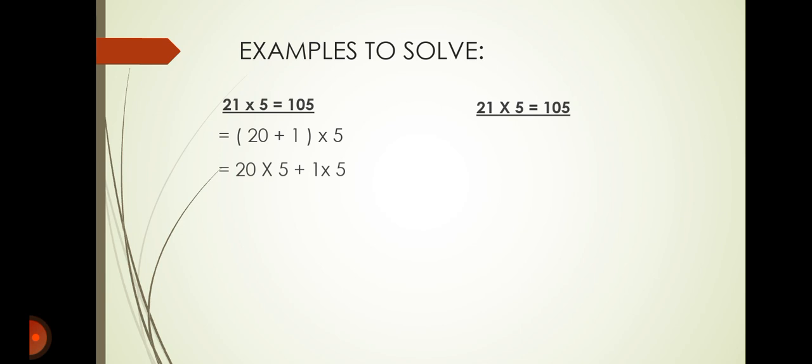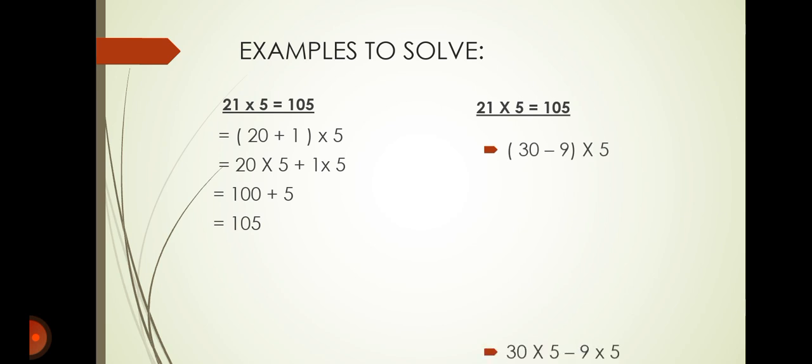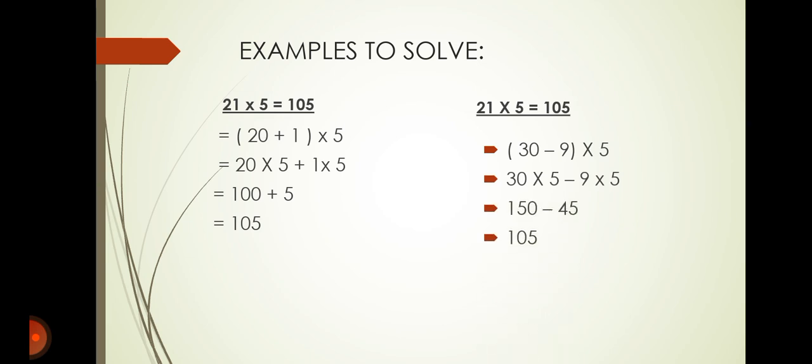Now 20 times 5 is 100 and 1 times 5 is 5. So the answer is 105. The same sum can be solved using subtraction. That is, we can do 30 minus 9, which is also giving us 21, times 5. So now we will do 30 times 5 minus 9 times 5, which will give us 150 minus 45, giving the answer 105.